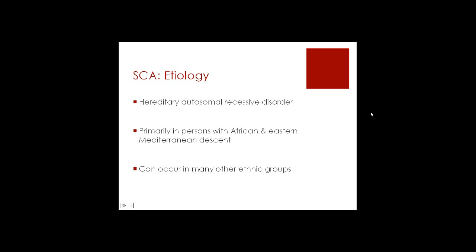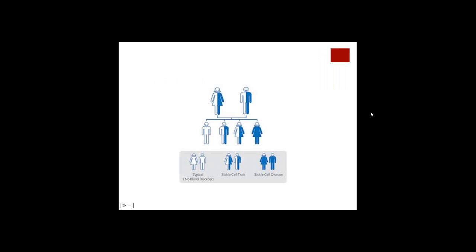When both parents just have the sickle cell trait, they have a 25% chance, 1 out of 4, of having a baby with sickle cell disease with each pregnancy. It's very common, primarily affects persons with African and Eastern Mediterranean descent, but it can occur in many other ethnic groups. This is just a genogram of when both parents have the sickle cell trait.